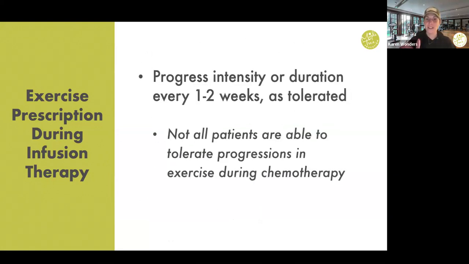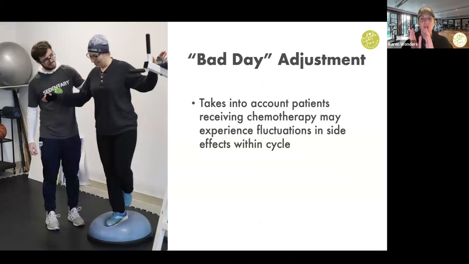And so one of the things that I want to show you here with regard to chemotherapy: you want to progress the exercise and intensity every 1 to 2 weeks as tolerated, but again, meeting that patient where they are. And so we have what we call a bad day adjustment.